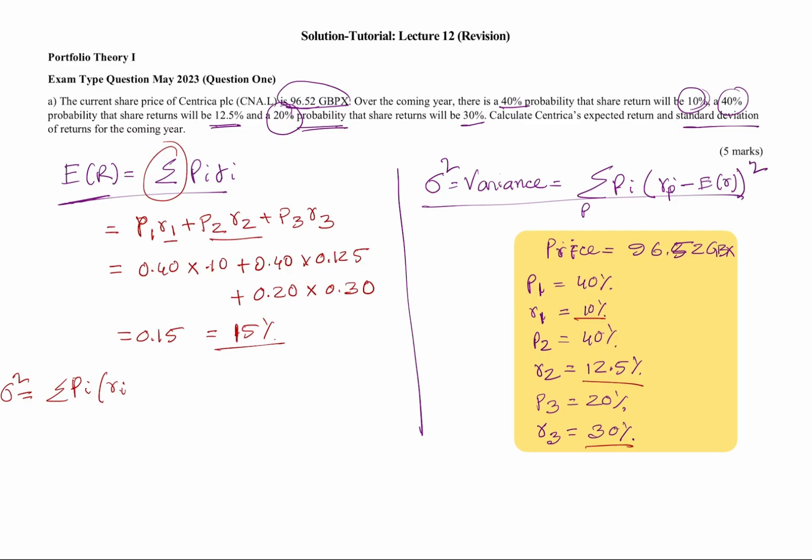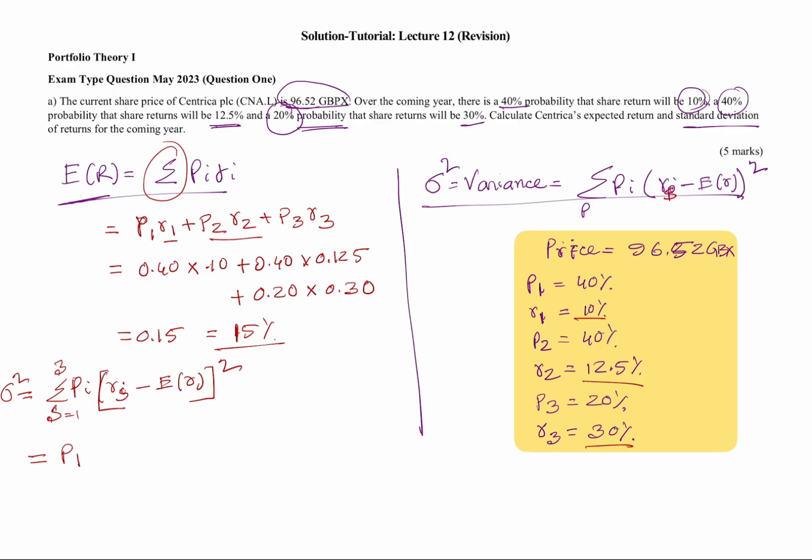It shouldn't be Rp, it's actually a different state, so you can say Rs. It's just a denotation, so you can use the way you want. We're squaring and adding them up, and we've got three different states, so s equals 1, 2, 3.